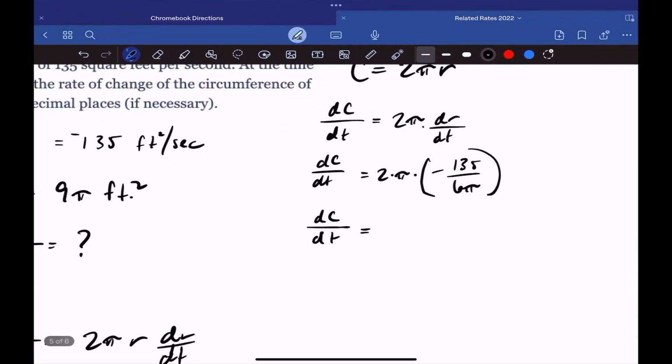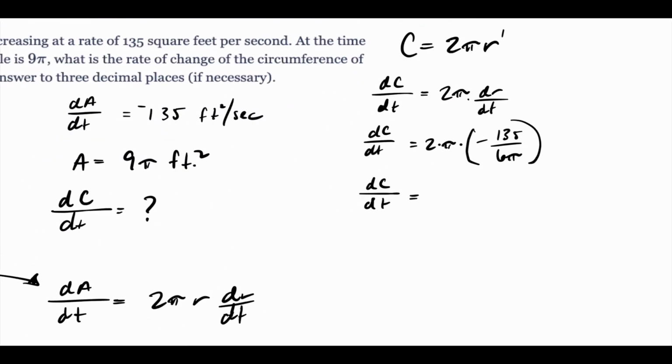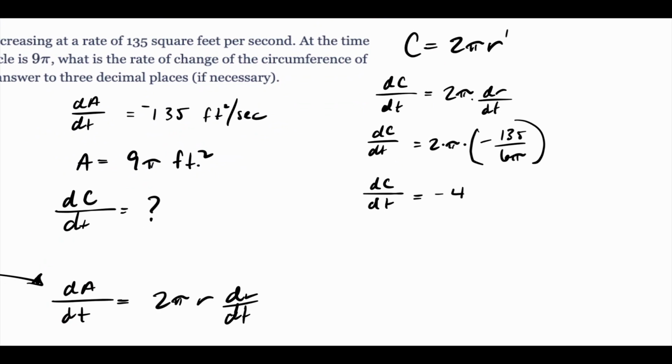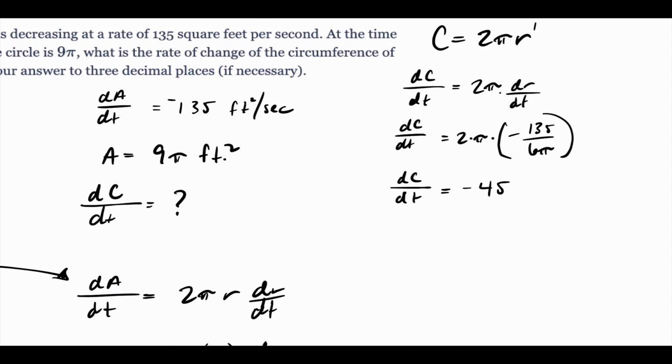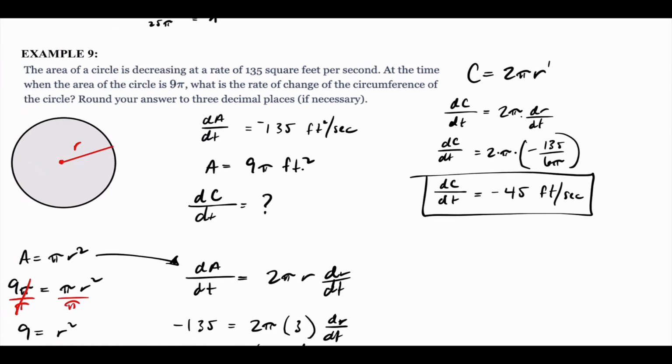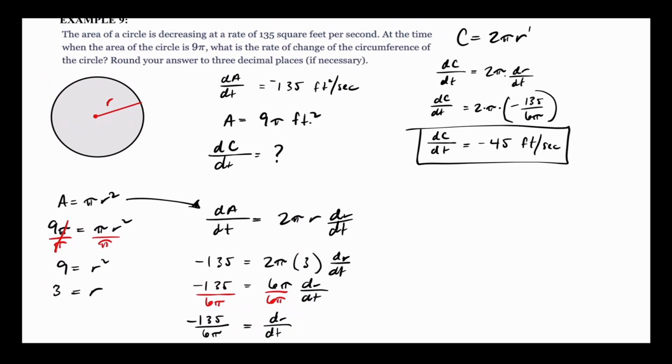So that means the circumference is actually decreasing. Circumference is a distance, so it's not squared or cubed. So what would it be? Feet per second. Okay. All right. Okay, we got a couple more.